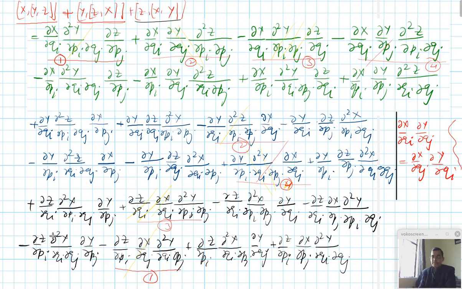Then let me talk about this fifth term. This fifth term is equivalent to another term which is here, right? They both look identical. This is x, this is z, and here it is xz, and we can exchange this pi and pj, so this fifth will cancel out with it.